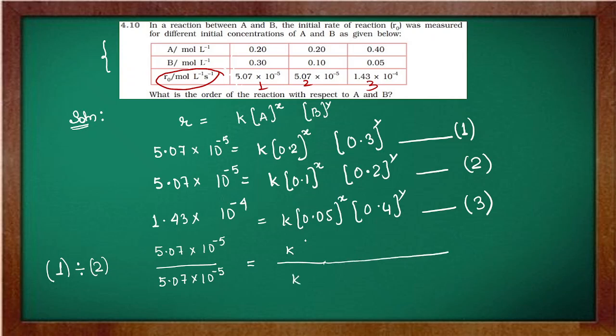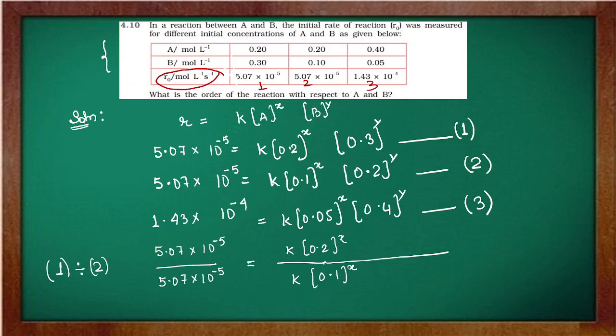This will be 0.2 concentration of x, and this will be 0.1 concentration of x.